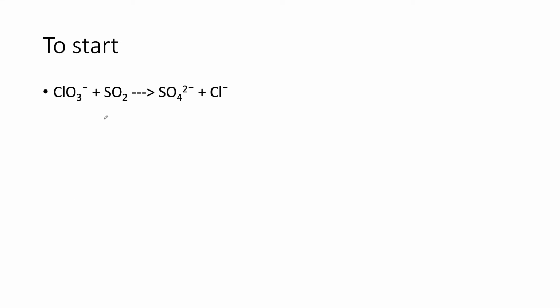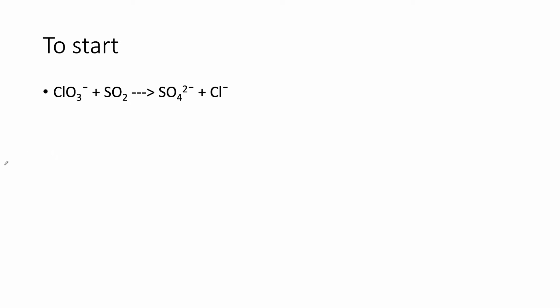They're going to react together to form the sulfate anion and chloride. And you notice that we have a charge imbalance too. This is a -1 on the left and -3 on the right, and we're missing some oxygens and so forth. So we've got to figure out how this works.